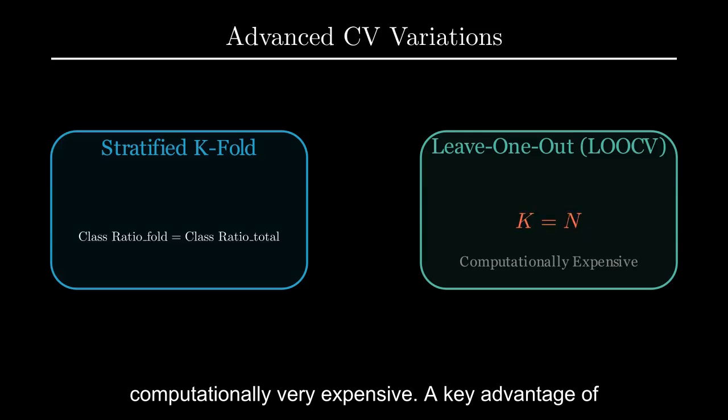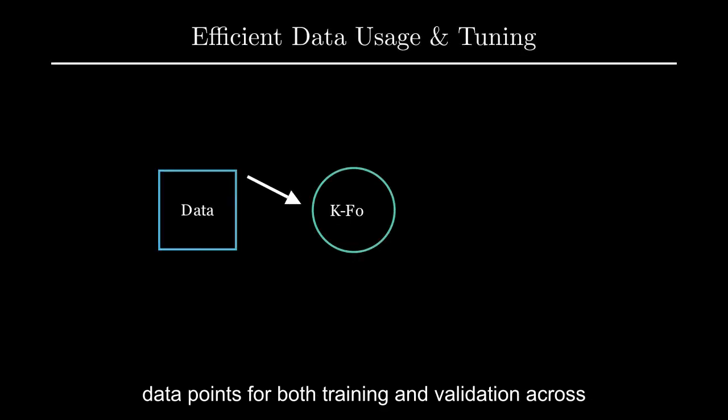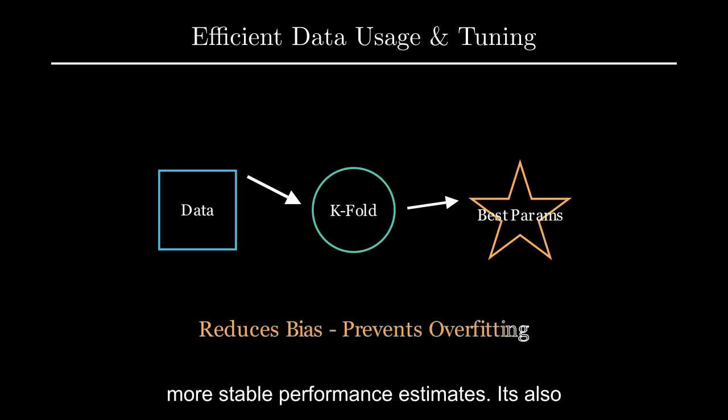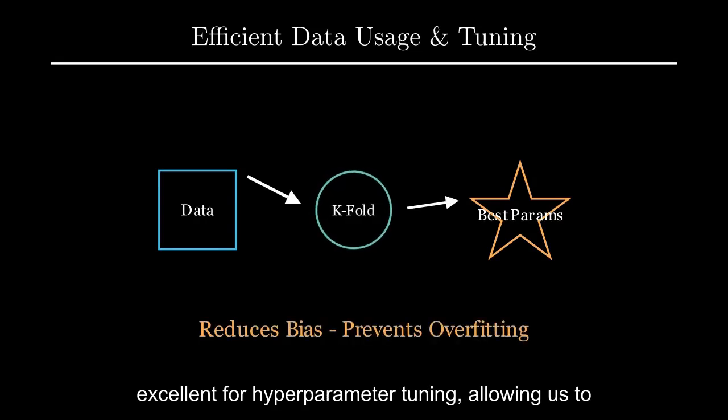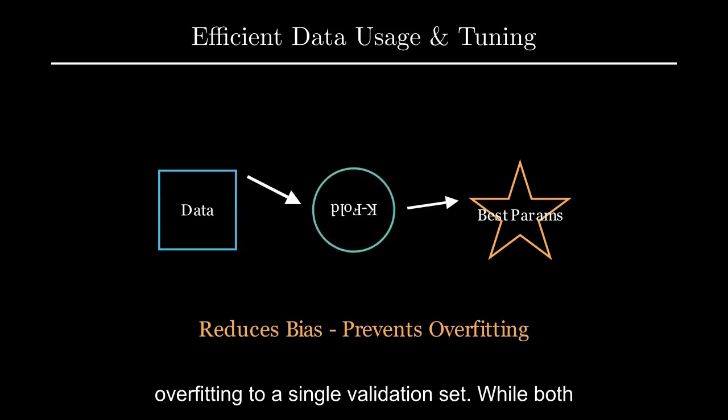A key advantage of cross-validation is its efficient use of data. Unlike a single train-test split, it leverages all data points for both training and validation across different iterations, leading to less biased and more stable performance estimates. It's also excellent for hyperparameter tuning, allowing us to select the best model configuration without overfitting to a single validation set.